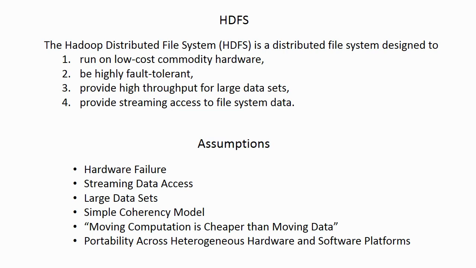And of course, when you have large volumes of data, you naturally expect long latencies, but that is just not going to be helpful. So HDFS, again from the beginning, has been designed to provide high throughput for very large data sets, and also to provide streaming access to the file system.